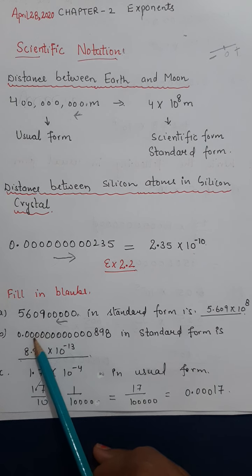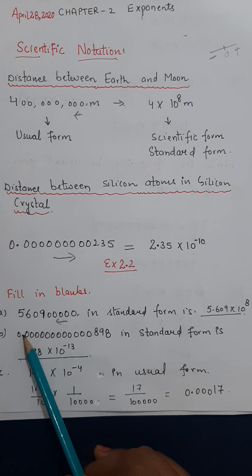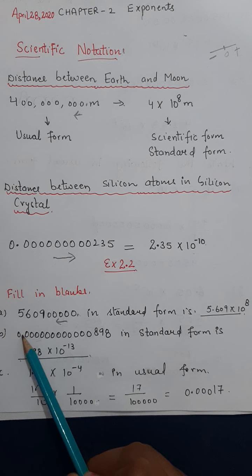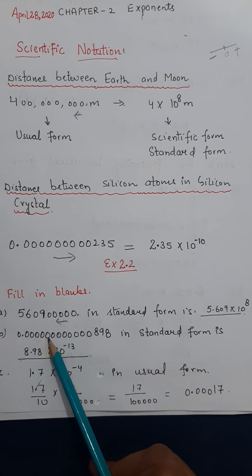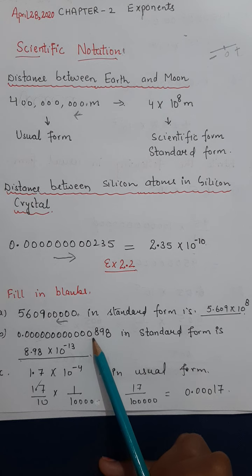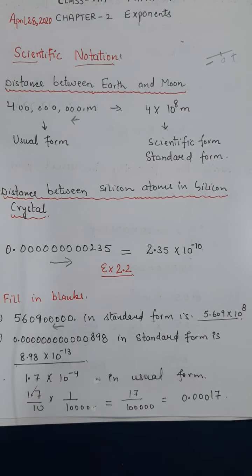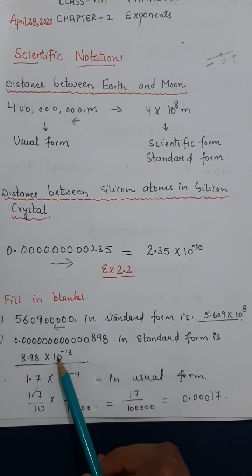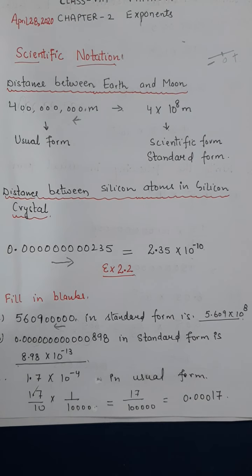We have to move in the right direction, right side. So the power will be negative. How many jumps? 1, 2, 3, 4, 5, 6, 7, 8, 9, 10, 11, 12, 13. 13 jumps. Okay. So 8.98 into 10 raised to power minus 13.